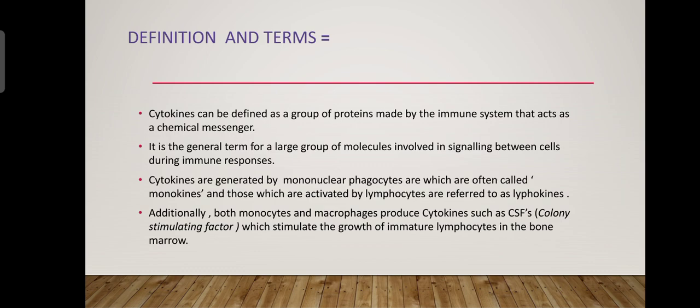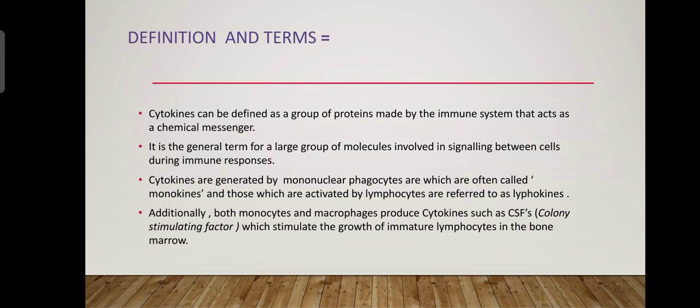Now, let's see the definition of cytokines and some terms related to it. Cytokines can be defined as a group of proteins made by the immune system that act as chemical messengers in transmitting signals from one cell to the other. It is the general term for a large group of molecules involved in transmitting signals between the cells during immune responses.